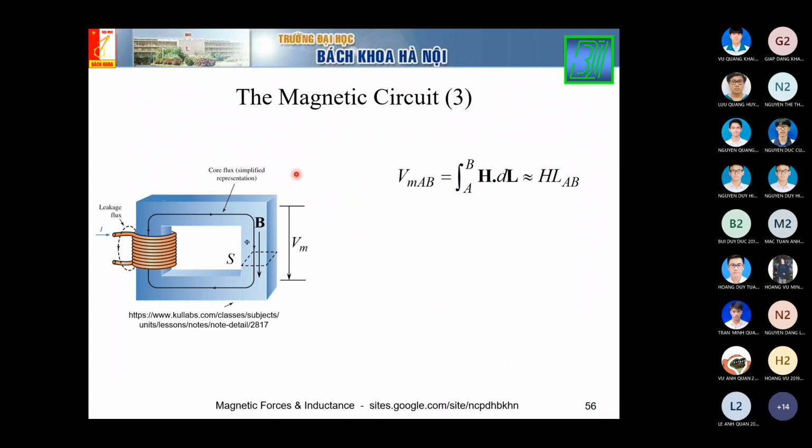Long ago we knew that Vm is the line integral of H dot dl from A to B. But inside the core here, we can suppose that the magnetic field is nearly uniform, meaning that H here is a constant. So VMAB is approximately equal to HL.